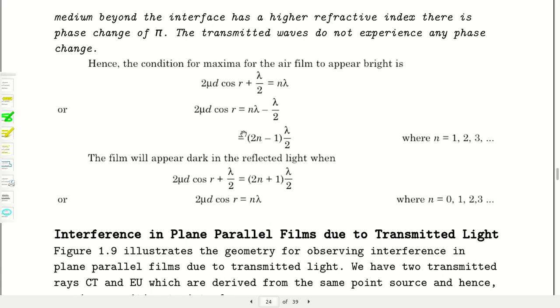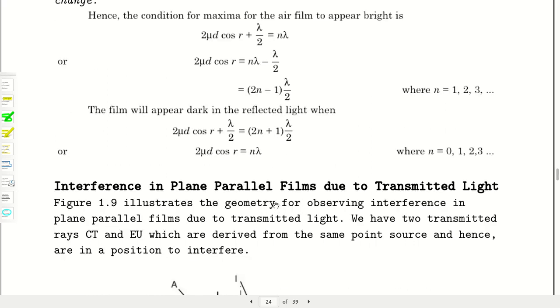The formula looks just opposite to what we have got just because of the extra path difference lambda by 2. It adds an extra term to n lambda, so the even term gets into the odd one, and odd gets into the even. That is an interesting feature which is generated here.